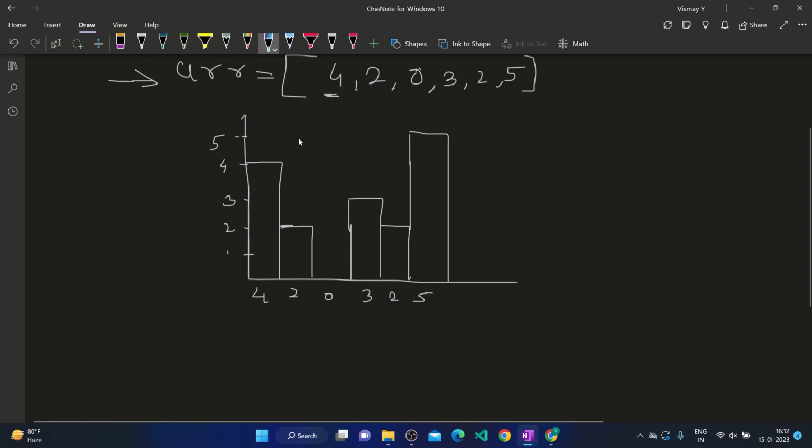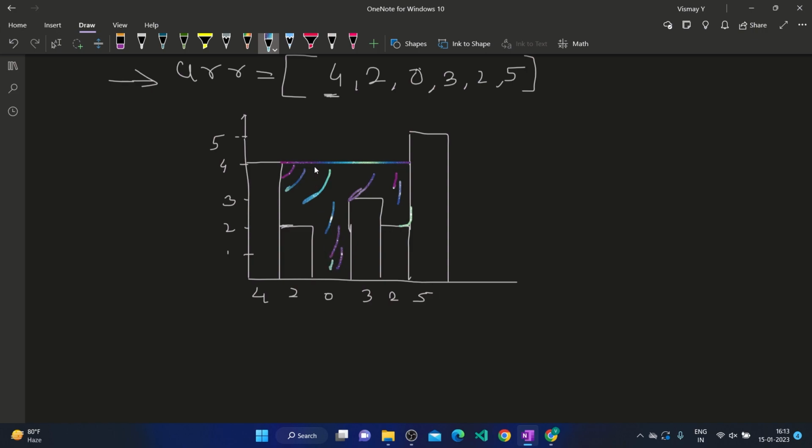Let's first see what water will be trapped here. We can see that this complete portion will contain some water. The amount of water stored here will be this 4 minus the height of the bar at this position, which is 2.